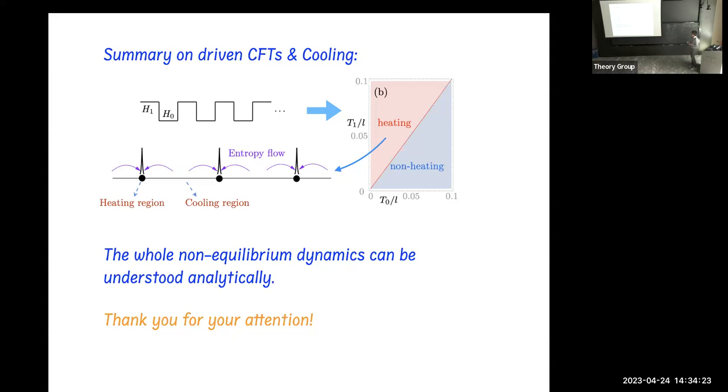My point is this: if you give me a system, as long as there is SL2R algebra, in your non-equilibrium dynamics, if only the compact subgroup comes in, the system will be in the non-heating phase because everything will oscillate.